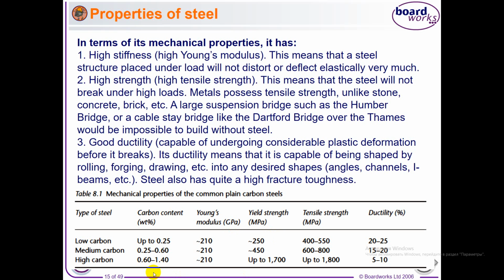And of course, high density. You understand that steel has quite a high density, 7,800 kilograms per cubic meter.